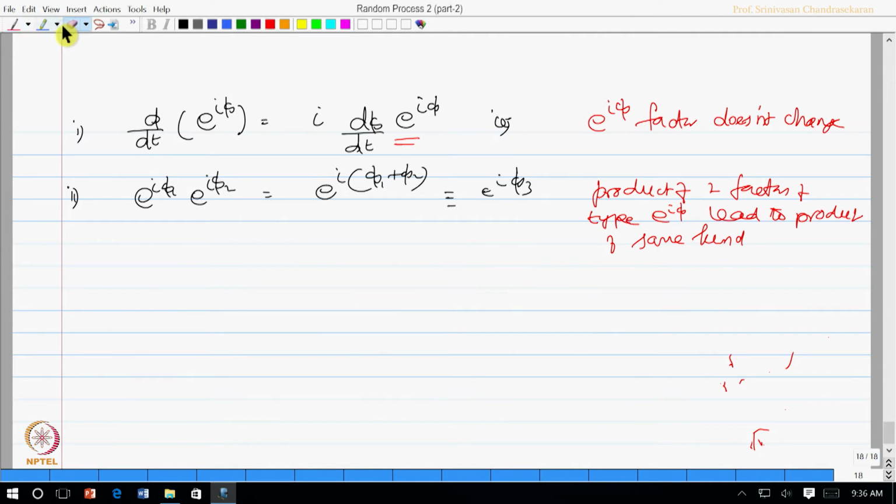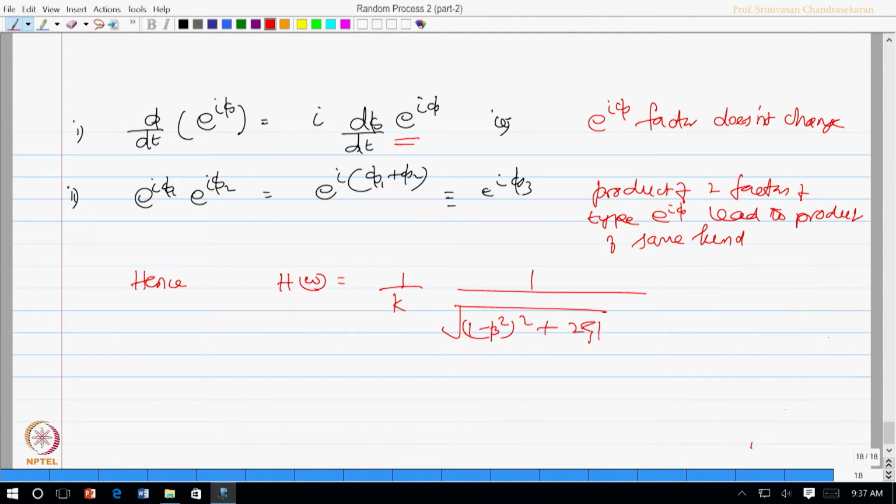That is the advantage we have when we use e power i phi in this equation. Hence, H omega, which is 1 by k times 1 by root of (1 minus beta square) plus (2 zeta beta) square, times e to the power of minus i phi, represents the complete information about the dynamic amplification and the phase shift which connects the load and the response of a given system.